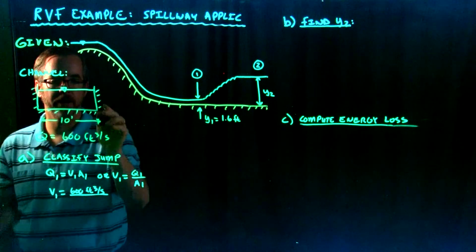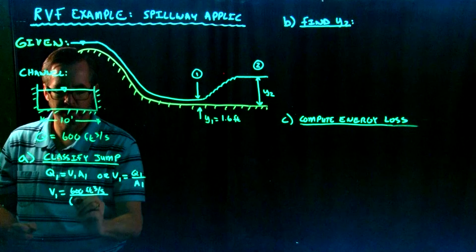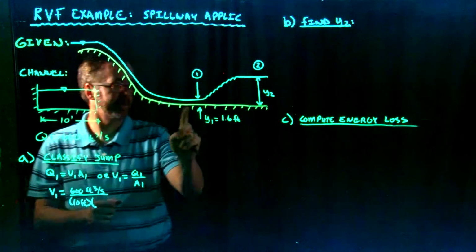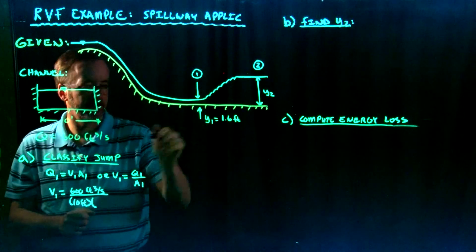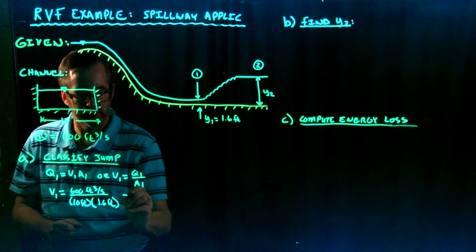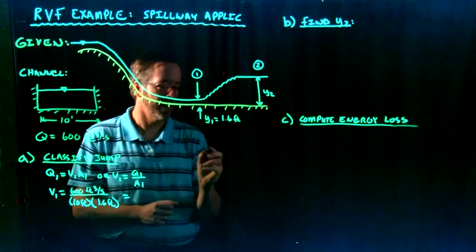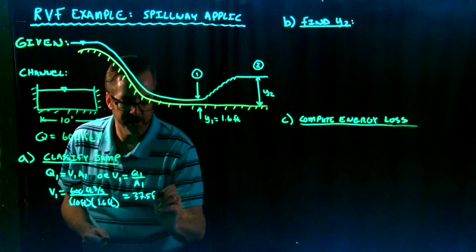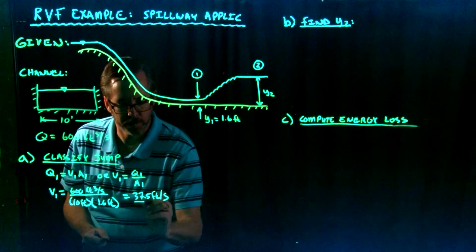The area, it's a 10-foot wide channel, and my depth of flow is 1.6 feet. So this gives me a velocity of 37.5 feet per second.